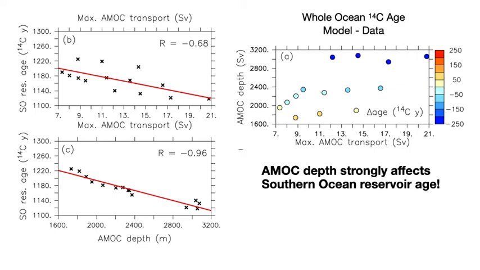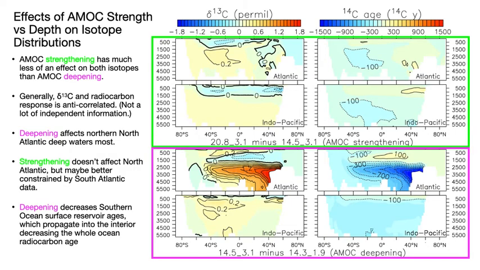Okay, so we can look a little bit more into the effects of AMOC strengthening and AMOC deepening on the isotope distributions, and that is shown here. In the upper series of panels, indicated by the green frame around it, those show the effects of AMOC strengthening. So a simulation with a 21 Sverdrup overturning, a strong one, minus an intermediate one of about 15 Sverdrup, and both of these simulations have a very similar depth of 3.1 kilometers.